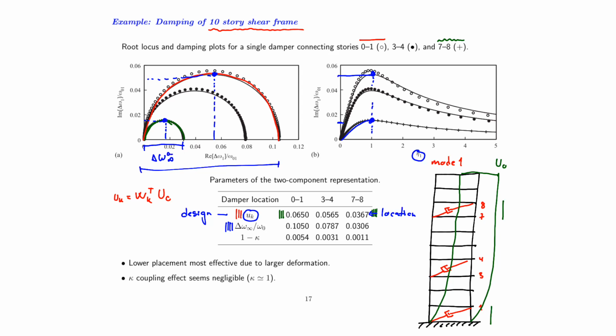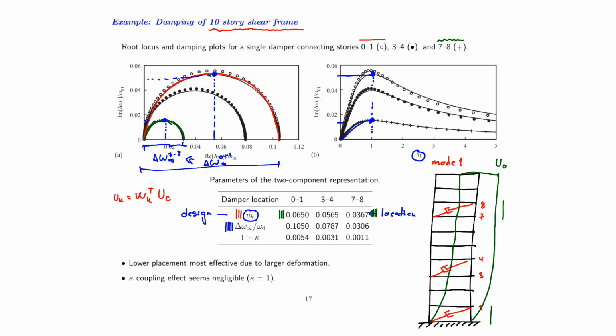So for 0 to 1, let's just start out again. This is the change in natural frequency when we are between 7 and 8, whereas this one is the change in natural frequency when we are between 0 and 1. And this one is much larger than the 7,8 version.